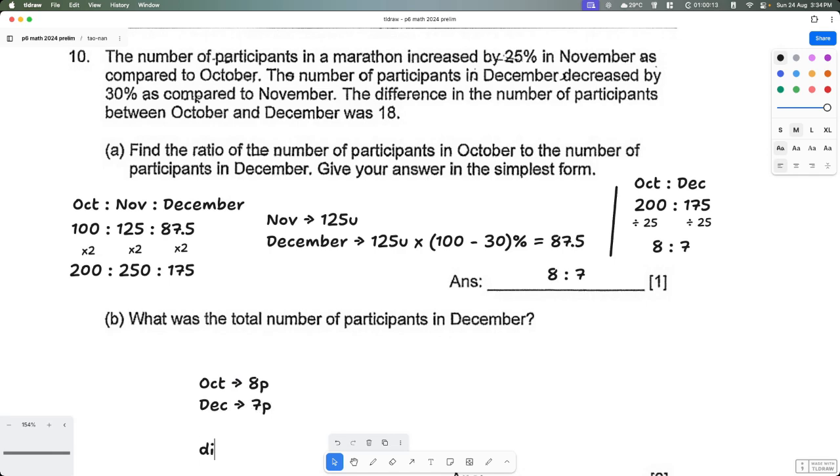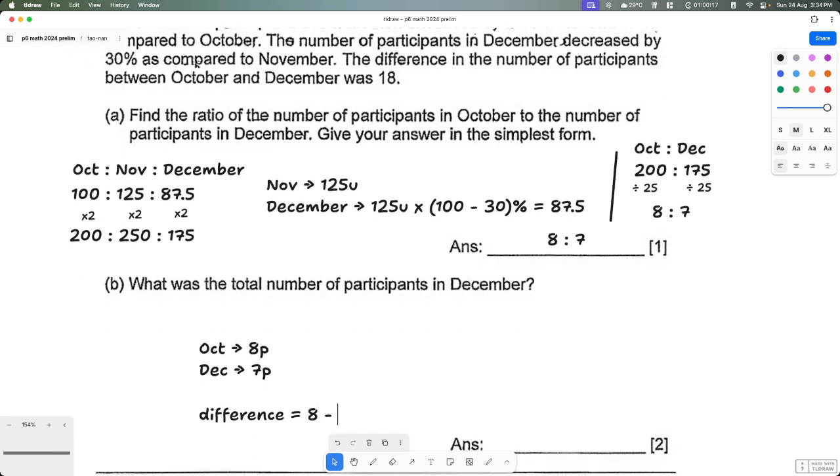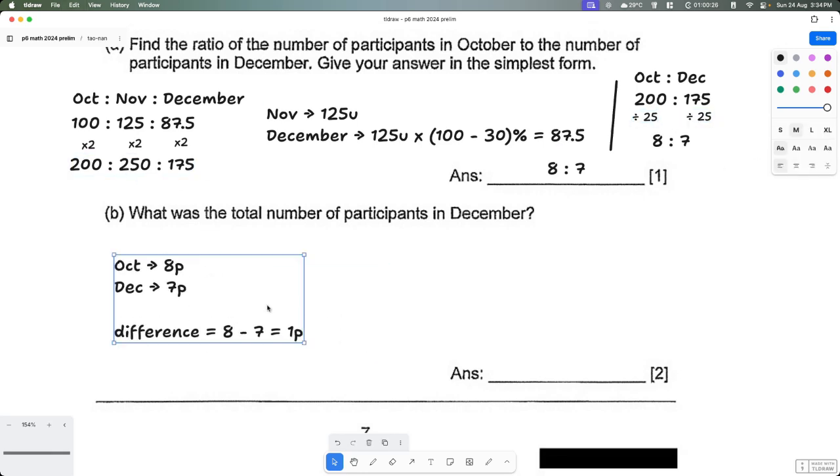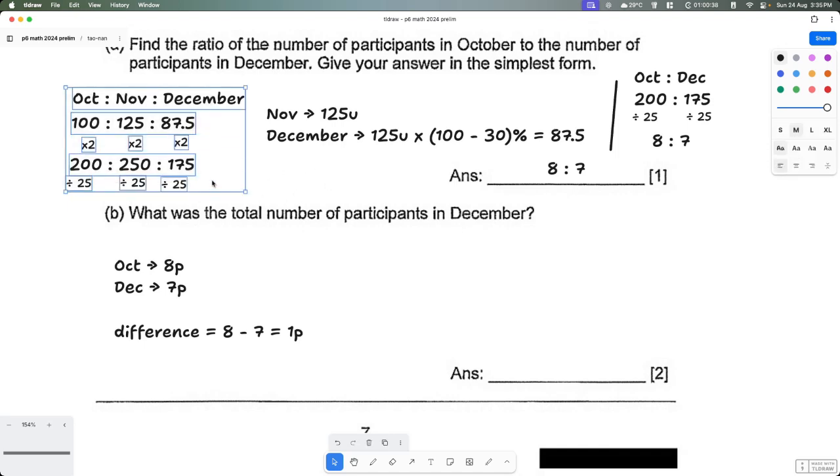So the difference is 8 minus 7, which is 1 part. Actually, I can divide everything over here, so 250 in this case.